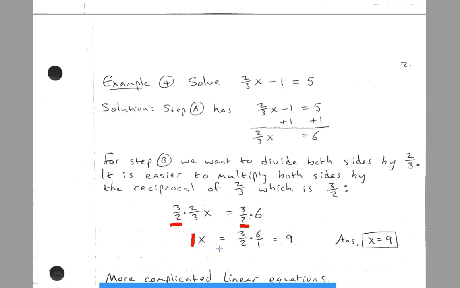These are reciprocals, so when you multiply them, you get 1. Okay, so just 1x on the left. On the right, it's 3/2 times 6/1. That's multiply straight across. That's 18/2, which is 9. All right, so more work dealing with these fractions, but the answer is x equals 9.